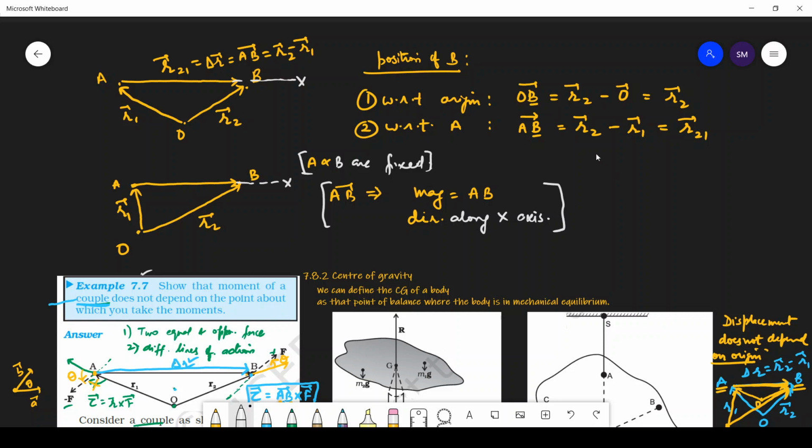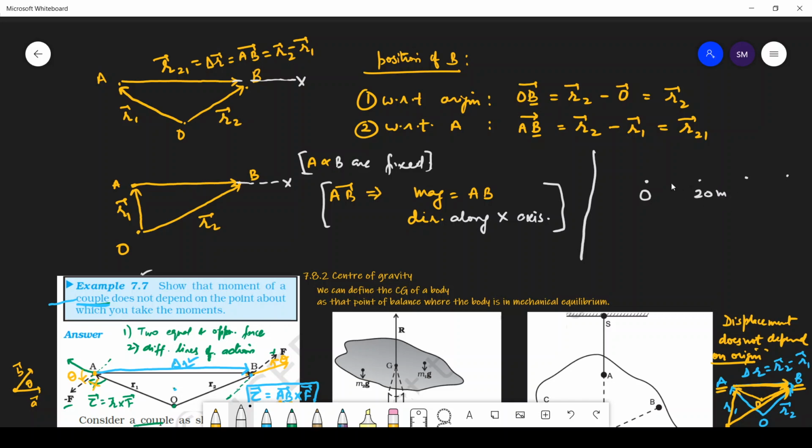See, this question is something like, these are four points. Let's suppose origin O. This distance is, suppose, 20 meters from this point.